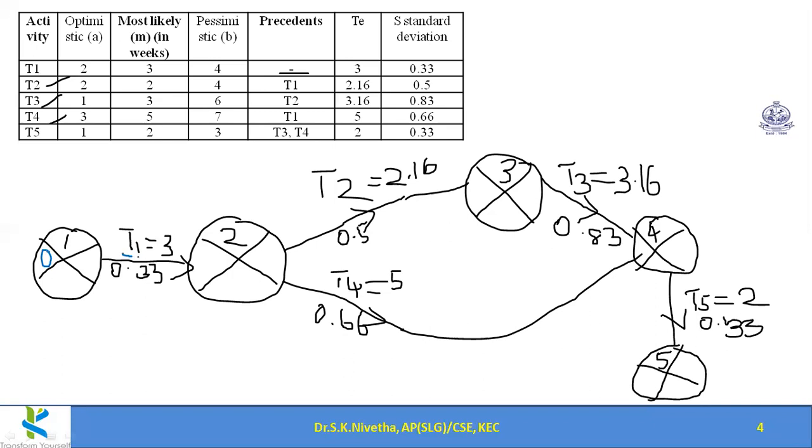So task 1 is performed. So 0 plus 3 becomes 3 here. Now for this path we shall try. So here 3 plus 2.16, so 5.16 here.